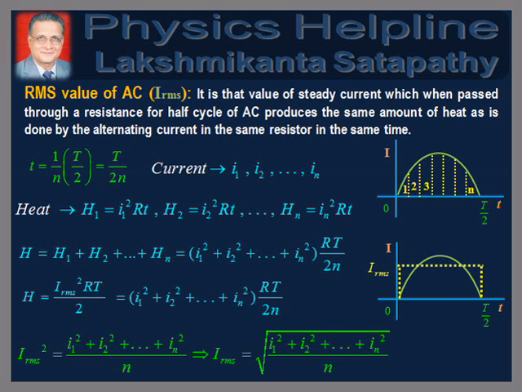Therefore, total heat generated in time T/2 is H = (I1² + I2², etc. up to In²) into RT/2n. But H = IRMS² into RT/2. Equating the two and simplifying, we get IRMS = root over (I1² + I2² + etc. up to In²) divided by n.